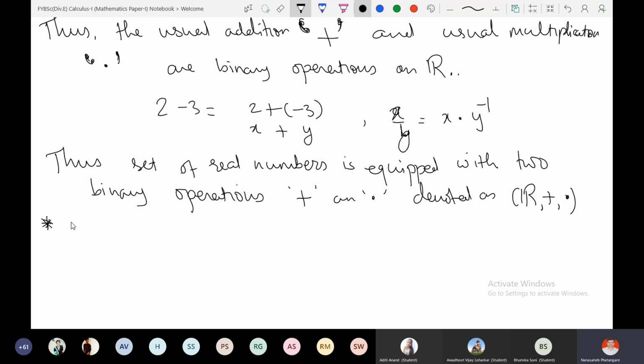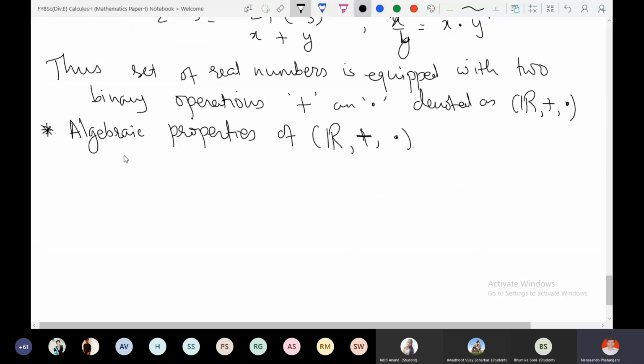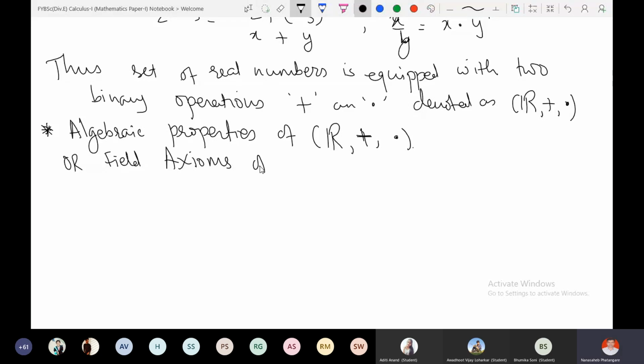So, the algebraic properties of the set of real numbers with these two important tools, addition and multiplication. Algebraic properties, also called field axioms of R, plus, dot.